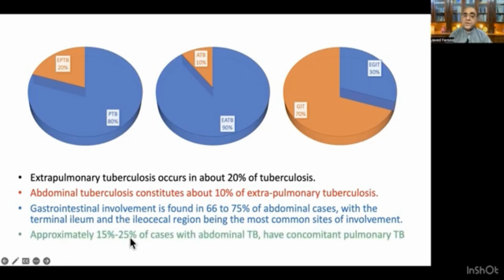Approximately 15 to 25%, on average 20%, of cases with abdominal tuberculosis have concomitant pulmonary tuberculosis. So if a patient has abdominal tuberculosis, there is a 20% chance that the patient may have concomitant pulmonary tuberculosis as well. So these are the statistics.